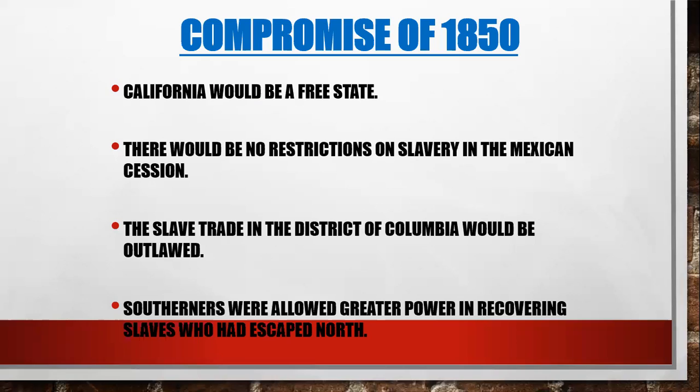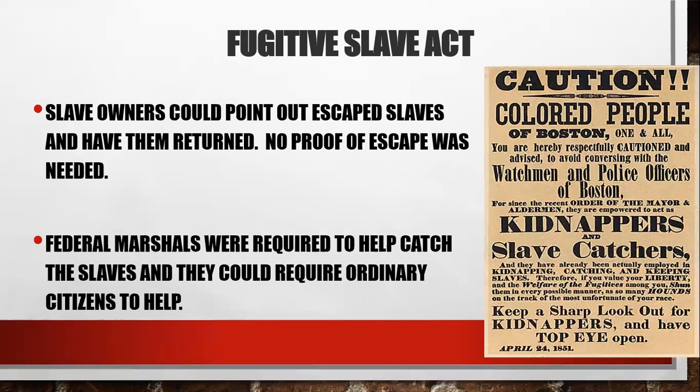Southerners were also given greater power to recover slaves who ran away up north to try and escape slavery. They had more power to reclaim their quote unquote lost property. This is the Fugitive Slave Act, where they could basically point out, hey, that is an escaped slave of mine, and I want them back.